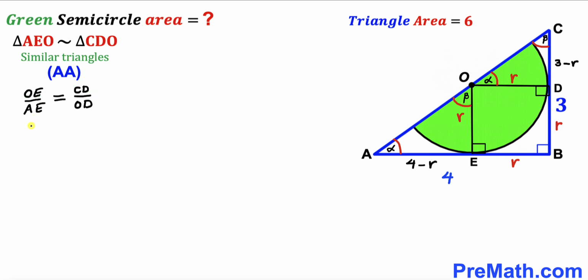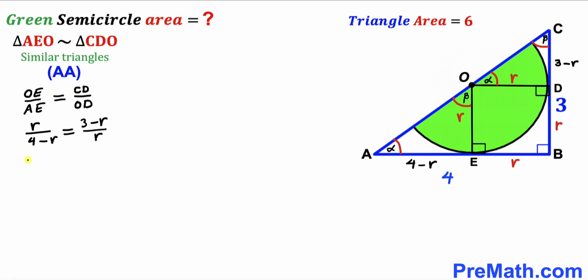So I can write r divided by 4 minus r is equal to 3 minus r divided by r. Now we are going to cross multiply.